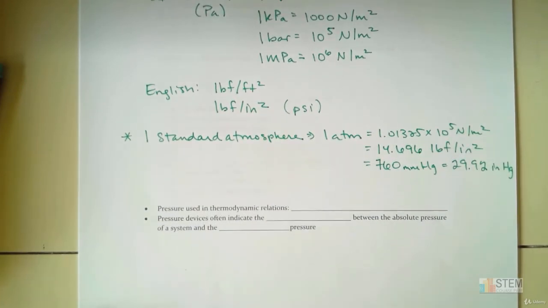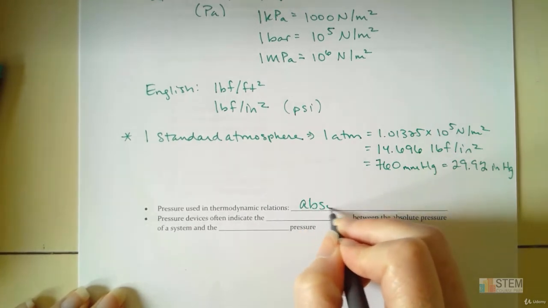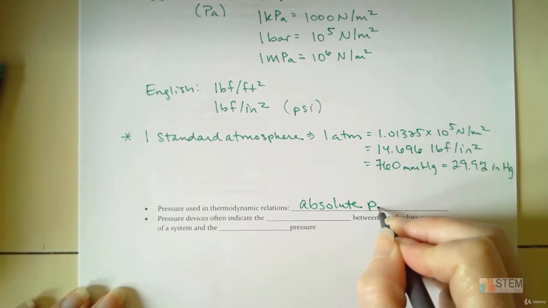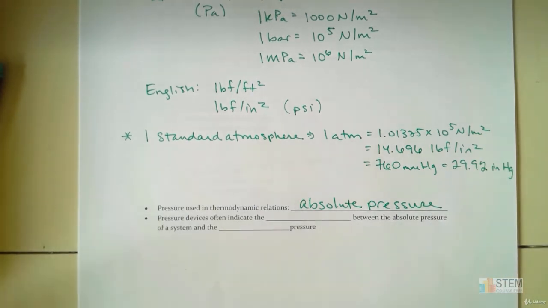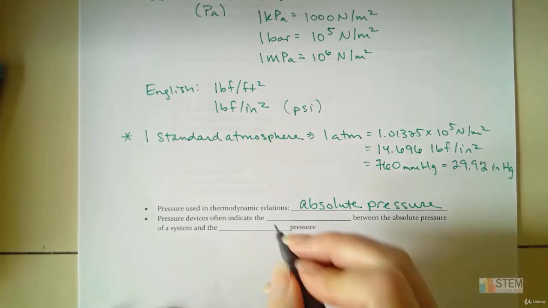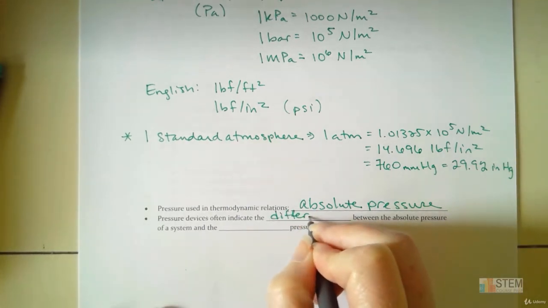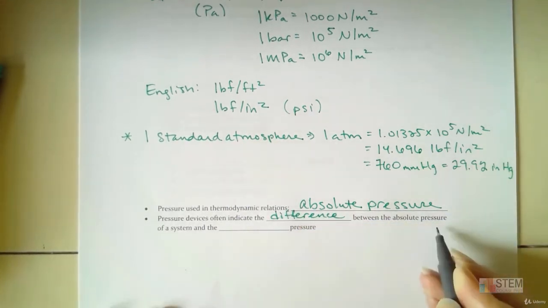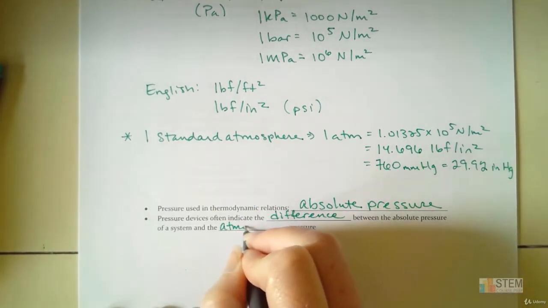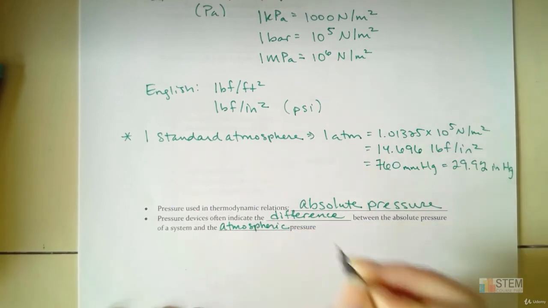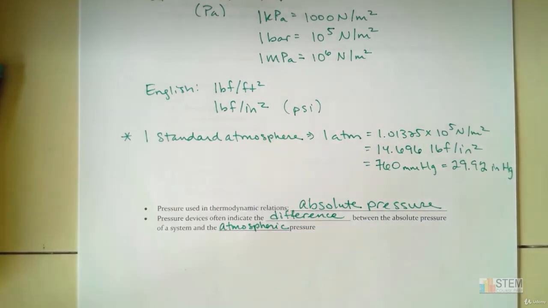Now, the pressure that's used in the relationships we're going to be developing is absolute pressure. Okay. And that's important because your pressure devices often indicate the difference between the absolute pressure of the system and the atmospheric pressure. Okay, so the pressure reading you would get from a pressure device is not necessarily going to be the value you'd want to use inside of your equations.